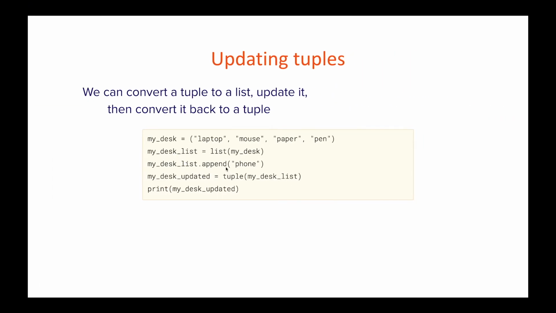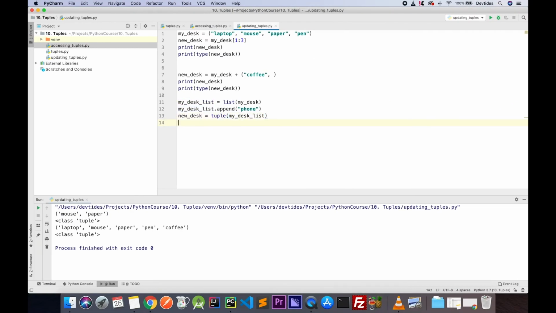So we're just returning that to a tuple here. And then we're just going to print new desk and the new desk type. So let's go ahead and do that. We can see that we have a phone and we have a class tuple. So there you go. These are the three ways to update a tuple, whether to remove or add elements. You can do that in one of these three ways.